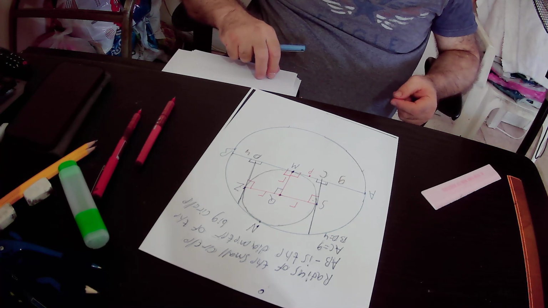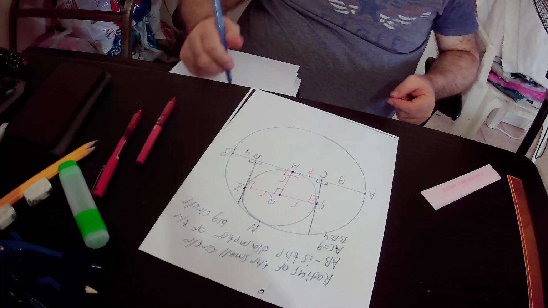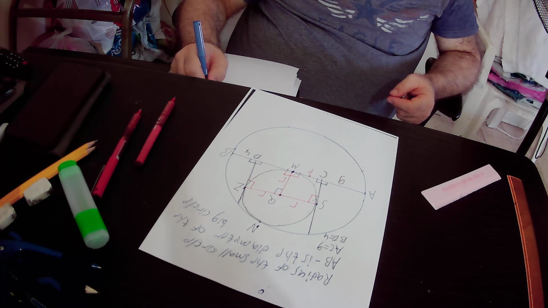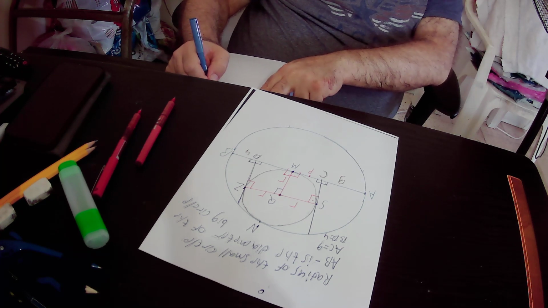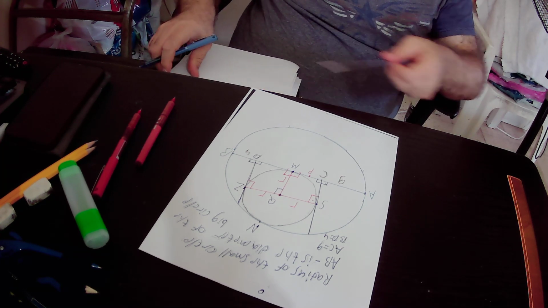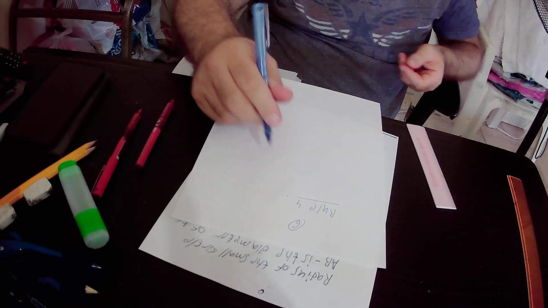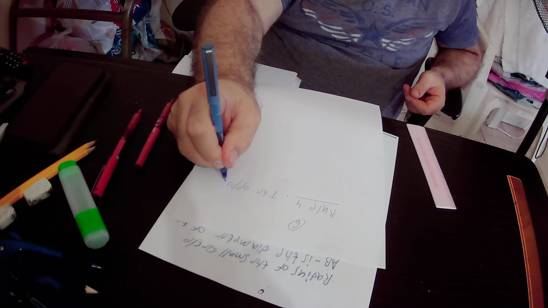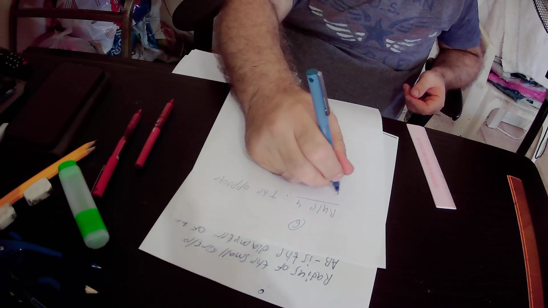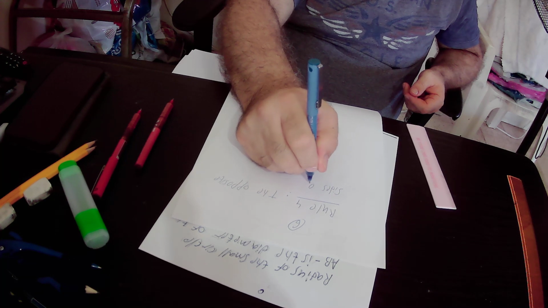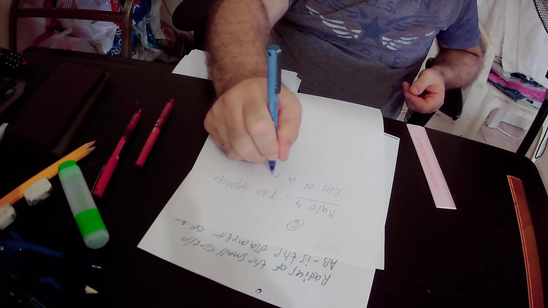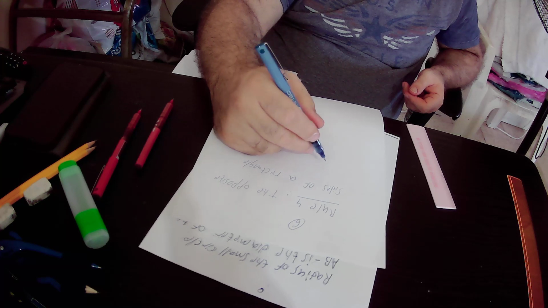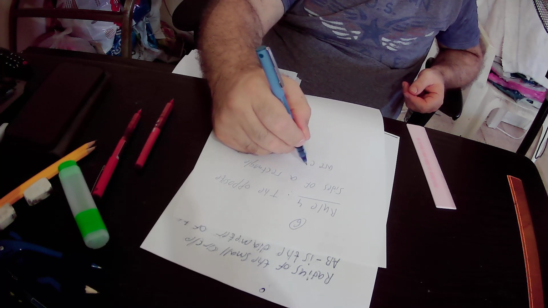Okay, so this is a rectangle and we have rule number 4 that states, according to rule number 4, the opposite sides of a rectangle are equal to each other.